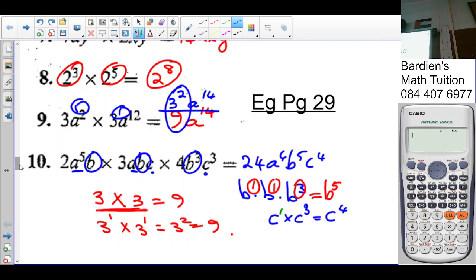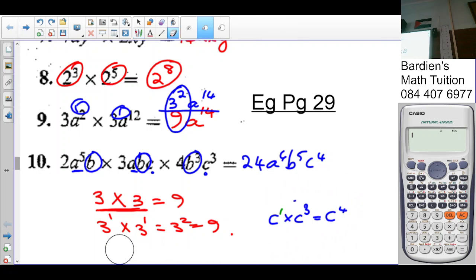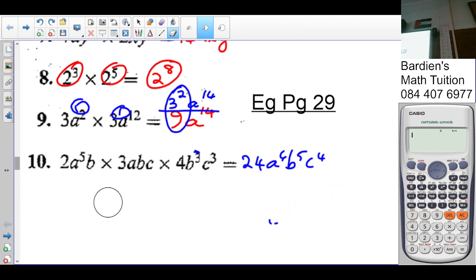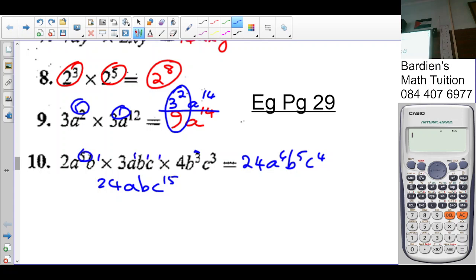Okay, so you're going on a different route again there. So you wrote 24, a, b, c, to the 50. So what you did was you said 5, 6, 7, 8, 9, 12, 13, 14, 50. So you add all the exponents together. But what was the rule? The rule said when multiplying terms with the same base, add the exponents. So are all these bases the same?